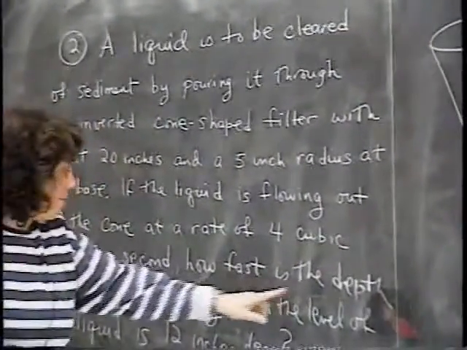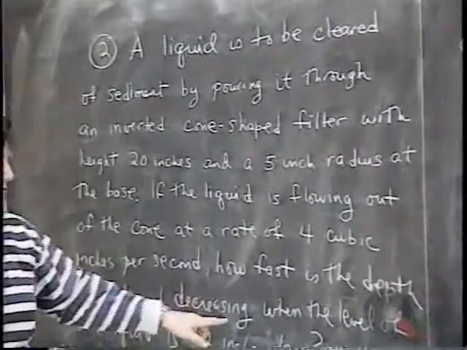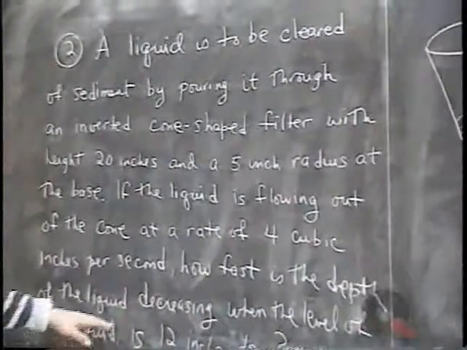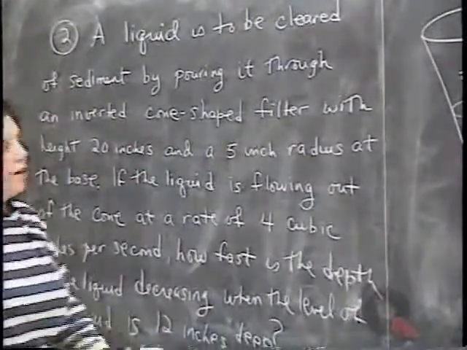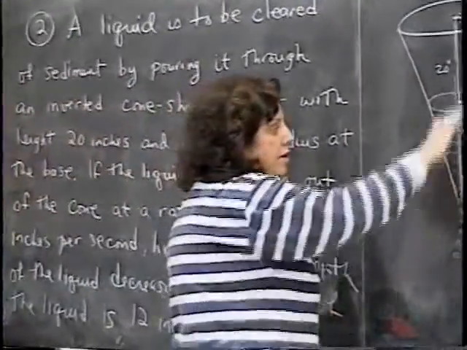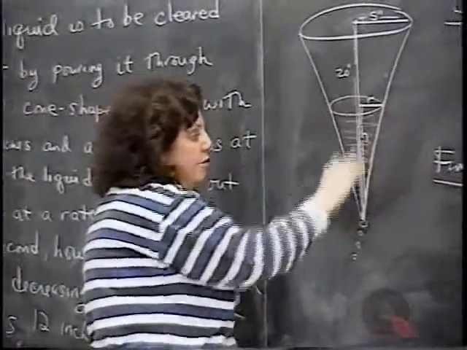We're asked to find how fast the depth of the liquid is decreasing when the level of the liquid is 12 inches deep. The depth of the liquid, the height of the liquid in the filter, is represented by h.